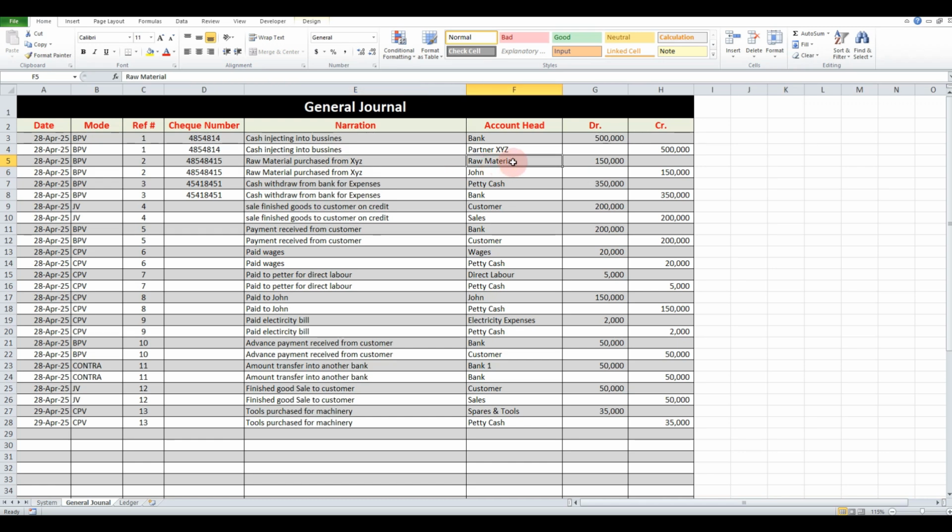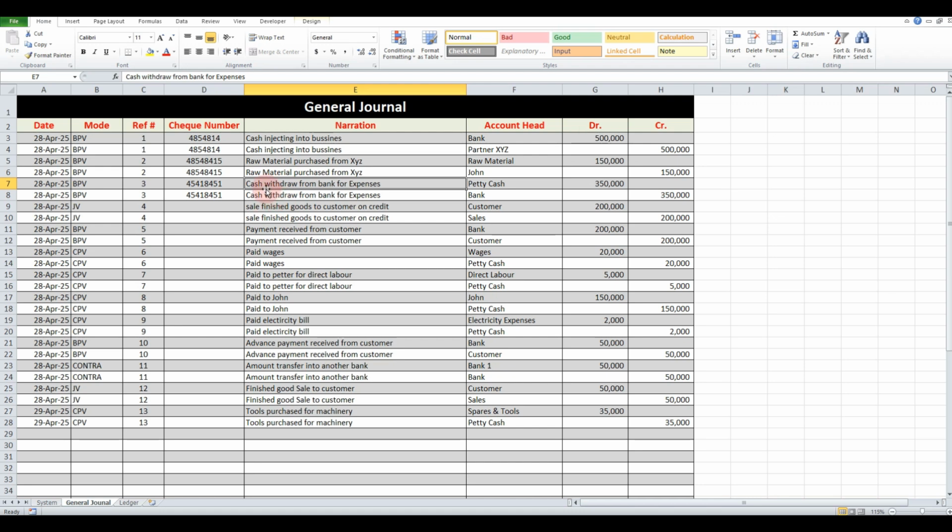So raw material is an asset, and an asset is always debited when it increases. On the other account, I purchased this from John, a liability account. Because I purchased on credit basis, when the liability increases, it will be credited.